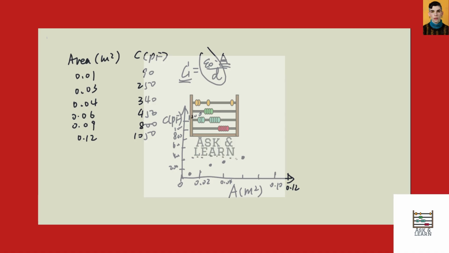Okay, I might need to draw a couple of references. This is 500. 0.09 is here, this is 800, and then 0.10 is a little bit over 1,000.